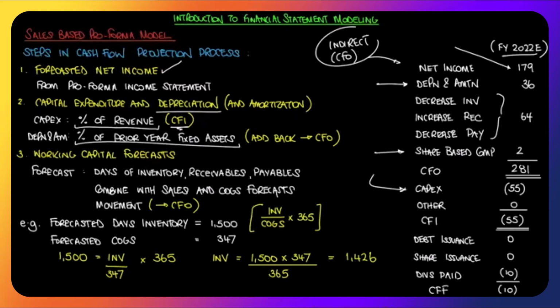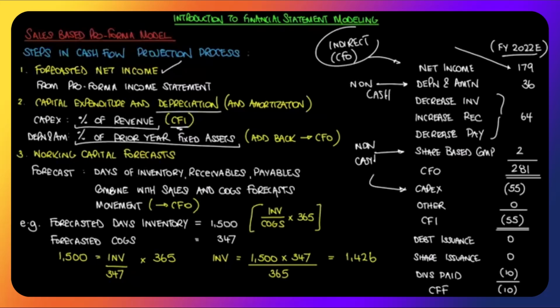Not a cash outflow, but it must be recognized as an expense, and the other side goes to additional paid in capital. Here it historically has been 2 or 3. They just assume going forward it's constant at 2, but it's non-cash. So depreciation and share-based are being added back because they are non-cash expenses.